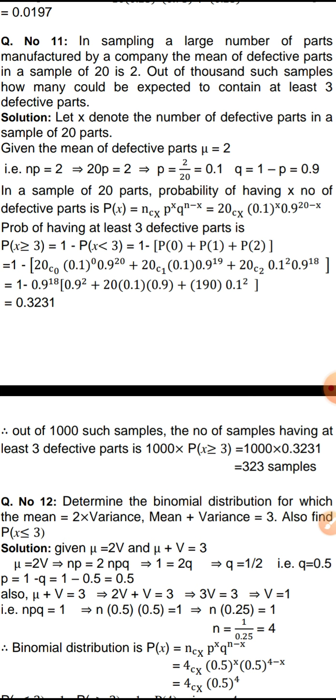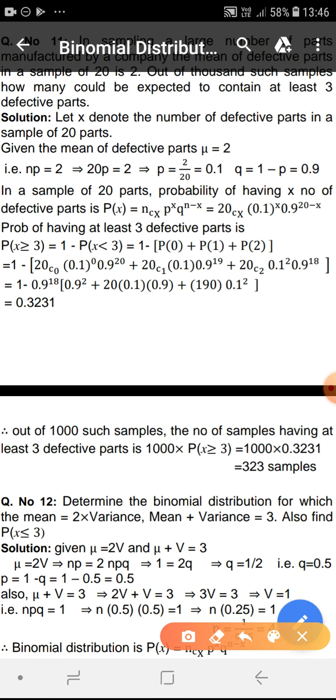For a binomial distribution, the mean is np, so np is equal to 2. Here n is the number of parts in the sample, which is 20. 20 into p is equal to 2, so p is equal to 2 by 20, which is 1 by 10 or 0.1. q will be 1 minus p, 1 minus 0.1, or 0.9.